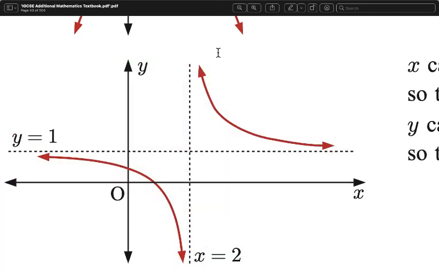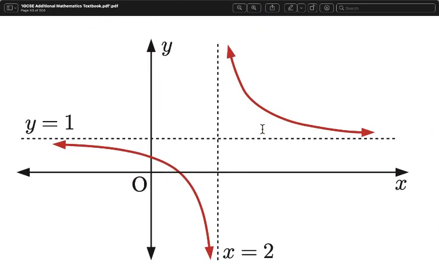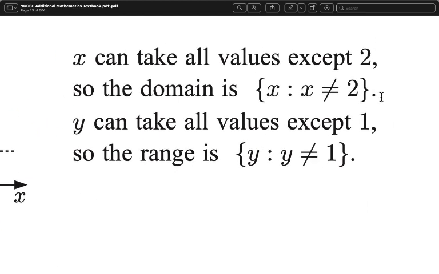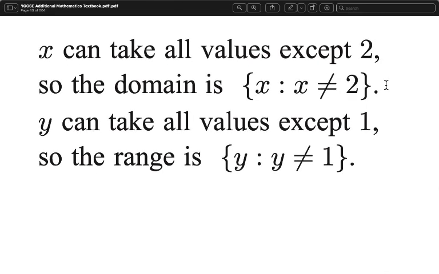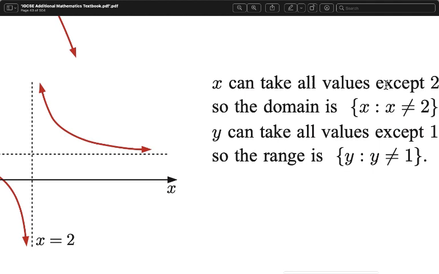Below 2 and greater than 2, the shape of the function will change. But any x value may still apply in this equation except the asymptote. So the domain is x not equal to 2, as any other values may stand in this equation.